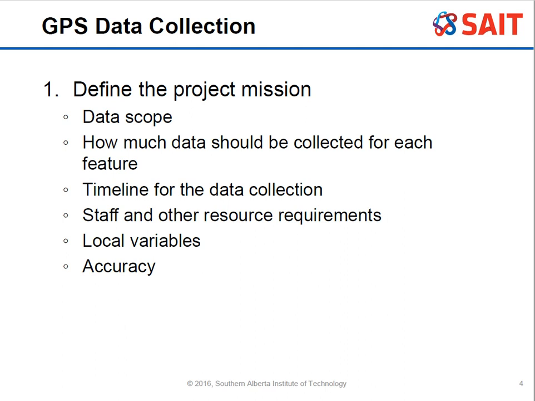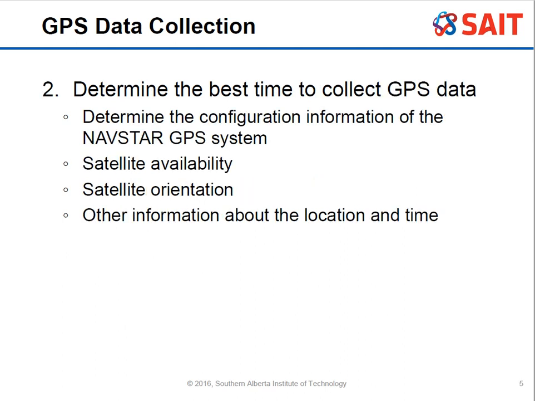So perhaps, do I need to know what's there already using a raster, or is there anything else that I need to be aware of, such as a cliff that I might fall off of? And then, like I mentioned, accuracy. What accuracy do you actually need for it versus what is effective and efficient?